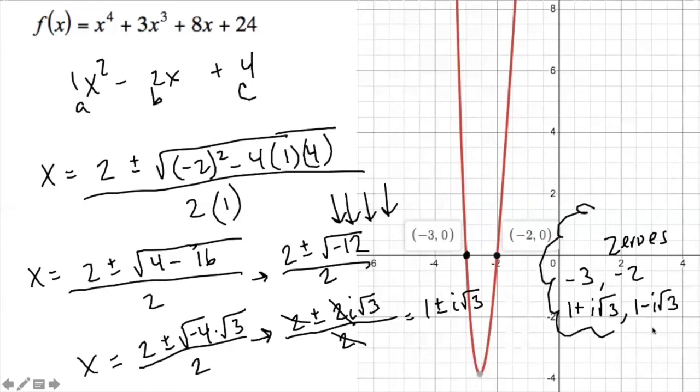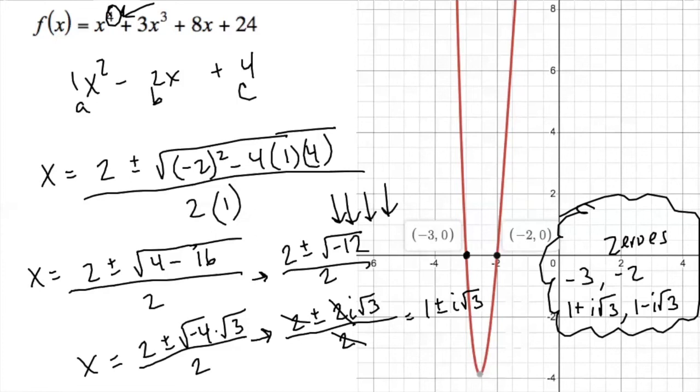That is all 4 of them. Remember, 4 was the magic number because that was the degree of the polynomial. So that is an example using a 4th power polynomial where you end up with 2 real and 2 imaginary roots.